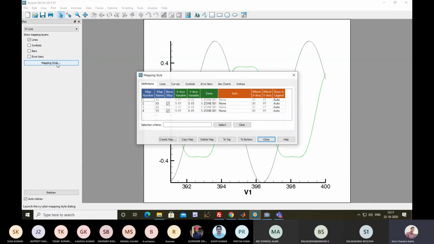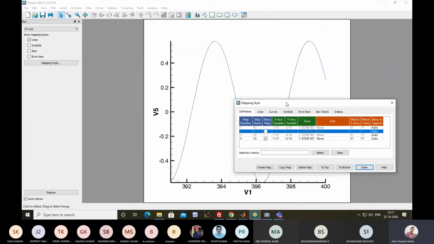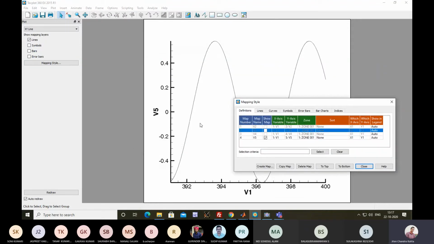This is the software package I'm using. I'm going to just hide one, so now only V5 is there. If I click it here, both V3 and V5 are available. Now I'm just removing this, and instead of V1, let me replace it with V3.